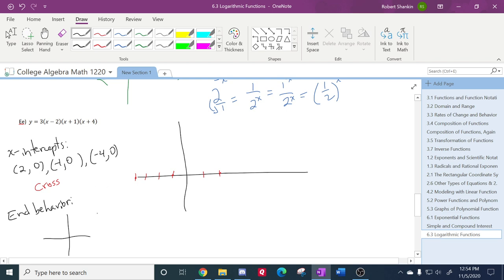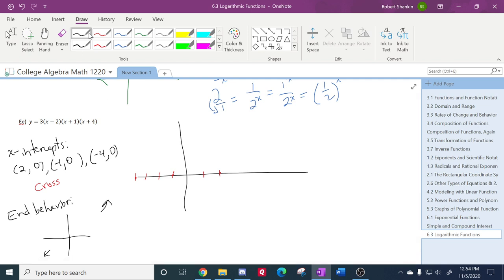X cubed functions are like this. And if it was a negative sign, it would be opposite. On the left it would be up, and on the right it would be down.